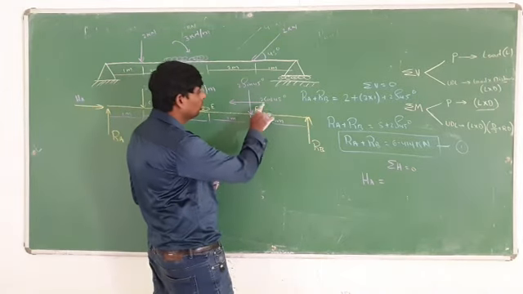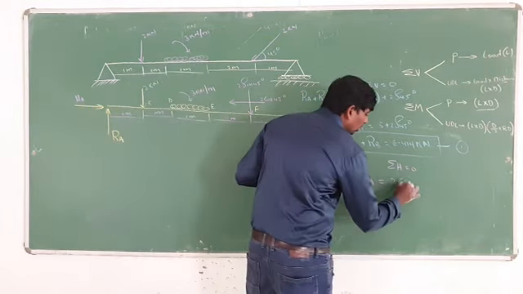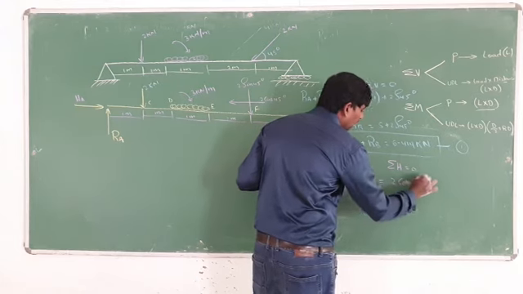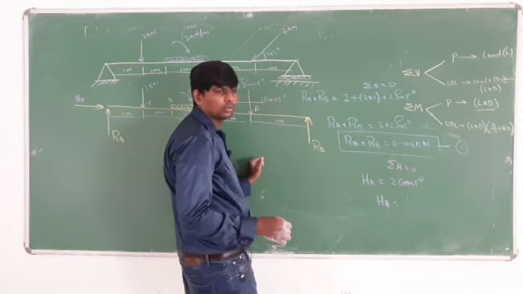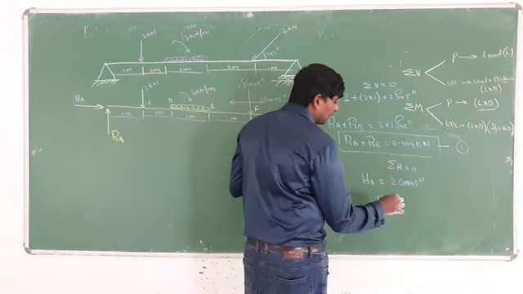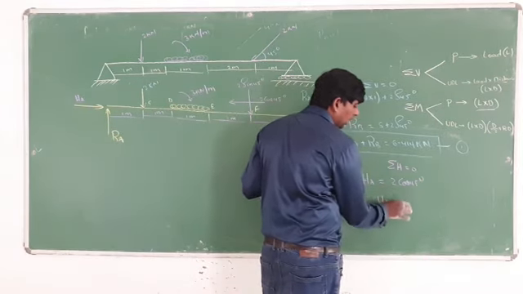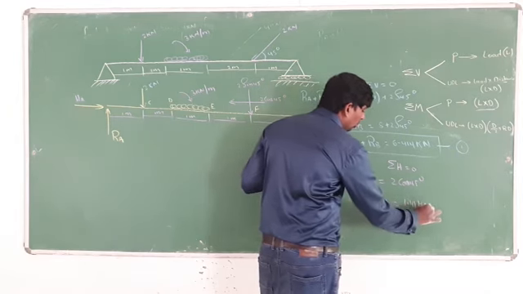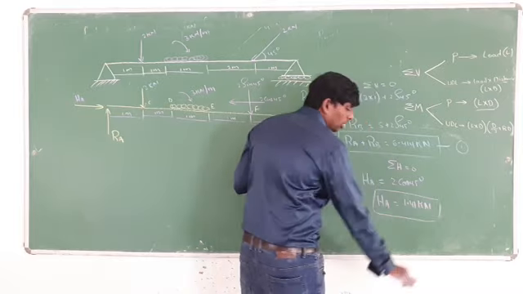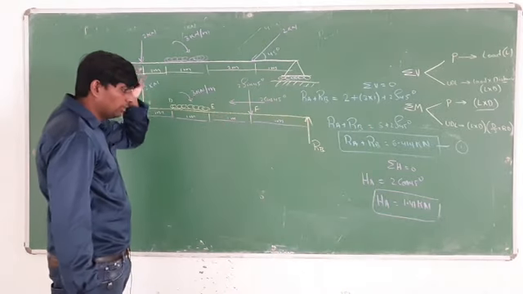That is how much? 2 cos 45. So the HA value with the help of the calculator: 2 cos 45. Press the SD, you will get the accurate answer. 1.41 kilonewton. This is the value of HA.